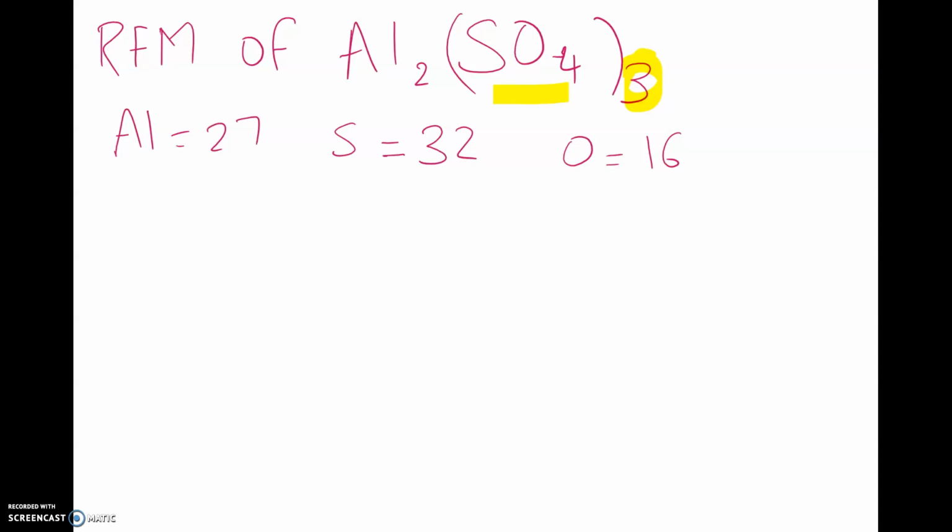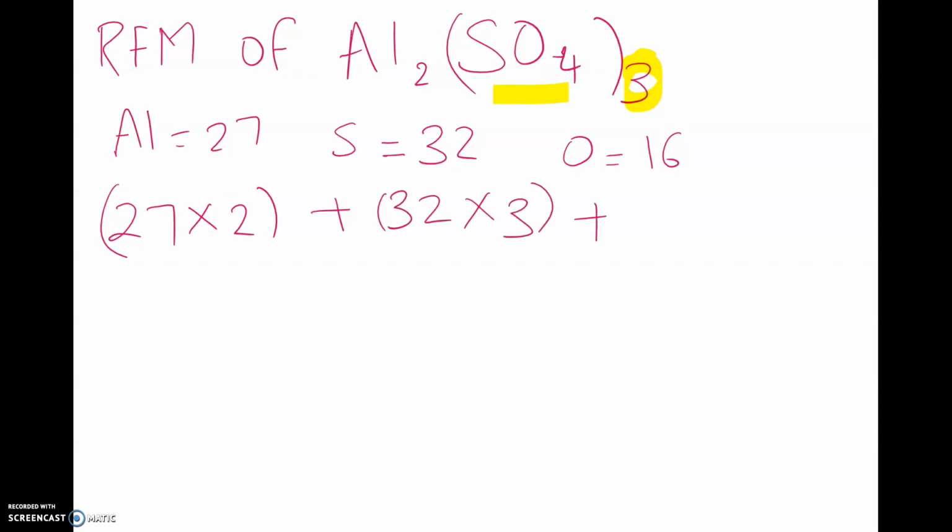I have 2 Al, so I'm going to do 27 times 2. I have only got 1 S, so do 1 times 32. But remember, I've got 3 outside the bracket, so this will become 32 times 3. Plus, I now have 4 times 3, which is 12, so 16 times 12 oxygens. The total will be 342.